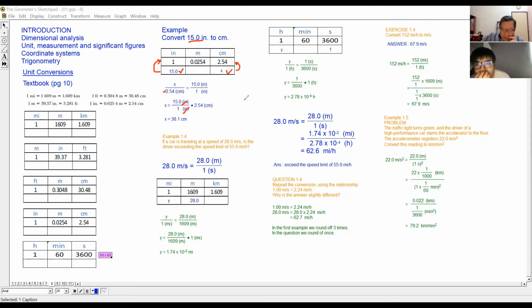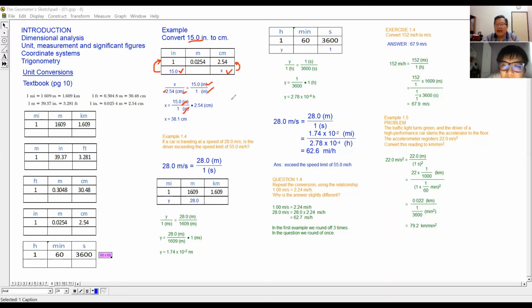Now in most of these physics unit conversions, they tend to put in the units together when they perform the calculation. This is to enable them to know what the unit for the final answer is. That's why they insert the units inside, inch, centimeter, like that.